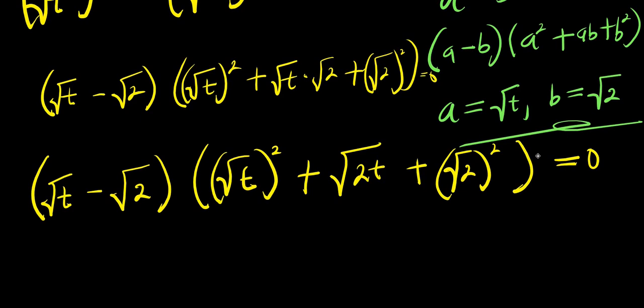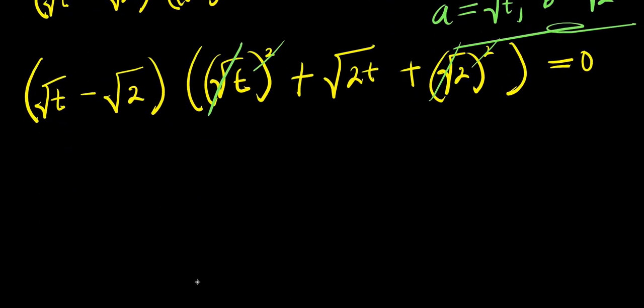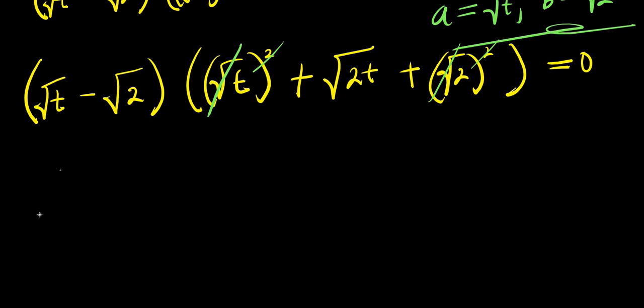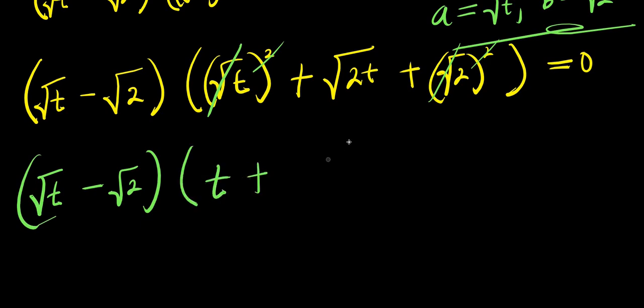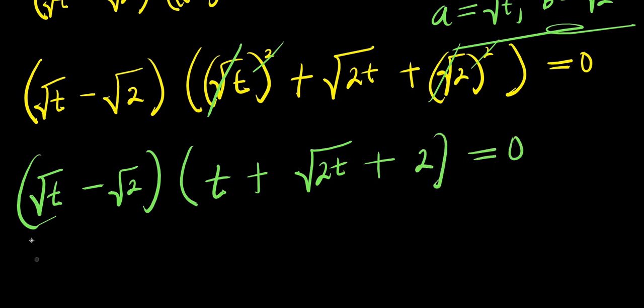What we are going to do is cancel out: this cancels this, and this cancels this. So I'm going to have root t minus root 2 times t plus square root of 2t plus 2 equals 0. So let's equate each of these to 0.